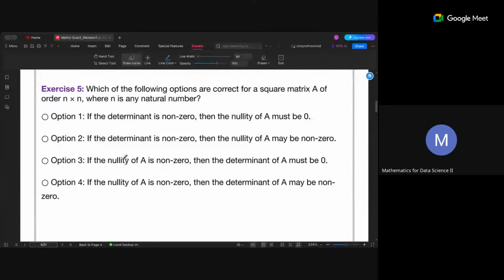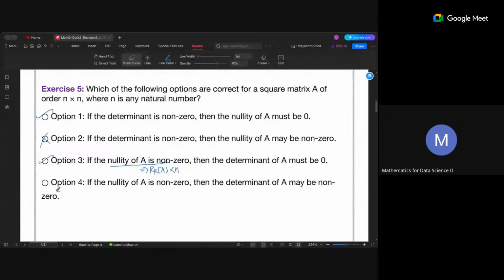In that case, this option is incorrect. If the nullity of A is non-zero, then the determinant of A must be 0. True. Nullity non-zero means at least one of the rows will be 0. So in this case, you know that the rank of A is strictly less than n, and hence the determinant must be 0.